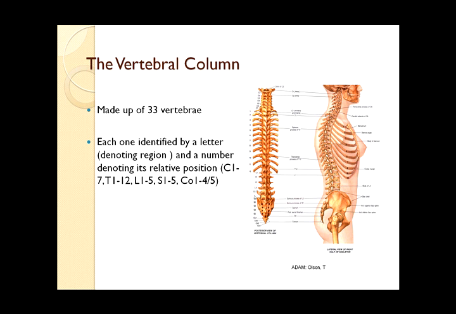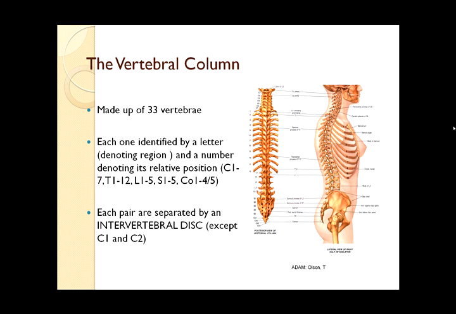And occasionally we see the 5th lumbar vertebra may fuse with the first sacral vertebra, and that's known as a sacralized L5. Or the first sacral vertebra may not fuse with the second sacral vertebra, and so we have a lumbarized S1. And these are anatomical variations that clinically become important because it changes the mobility of the lumbar region.